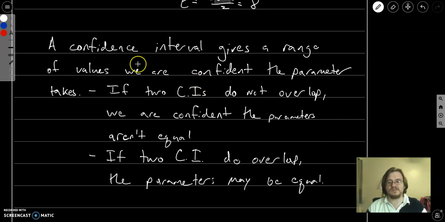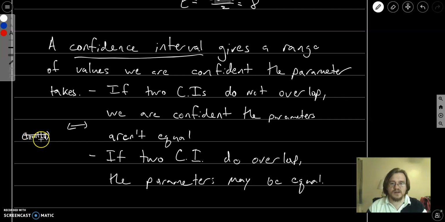So we can construct more than one confidence interval, and if we compare these, if the two confidence intervals do not overlap, as in we have one confidence interval down here and we have another confidence interval up here, we're confident that the mean that this confidence interval corresponds to is going to be somewhere in there.